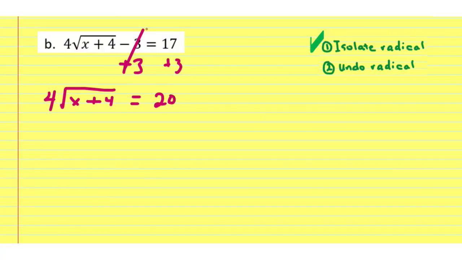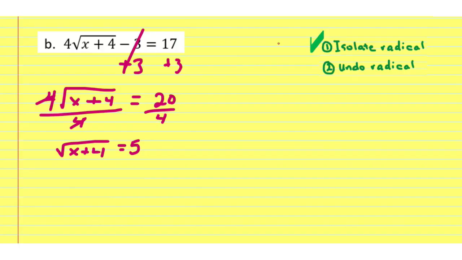And then continuing with order of operations, I can divide out the 4 on both sides. These 4's will disappear. And now I end up with the square root of x plus 4 is equal to 5. Okay, so I have now isolated my radical. I only have square root of x plus 4 on this left side of the equal sign.